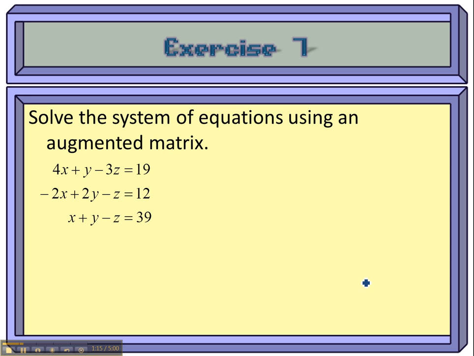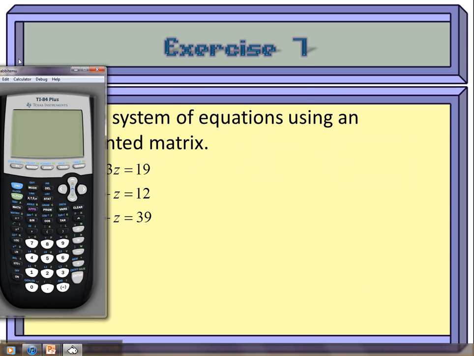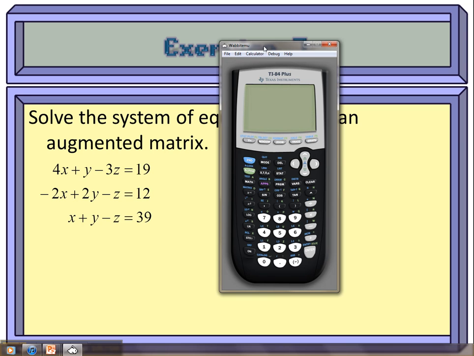So let's do it with this one, actually plugging it in, the whole deal, so that you can see how this thing works. So let me pull up my calculator here, move it out of the way so I can see the system. In order to input that system of equations, first go to the matrix menu, which is second x inverse, and go over to edit.